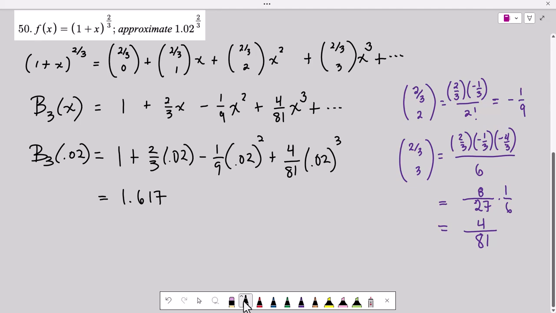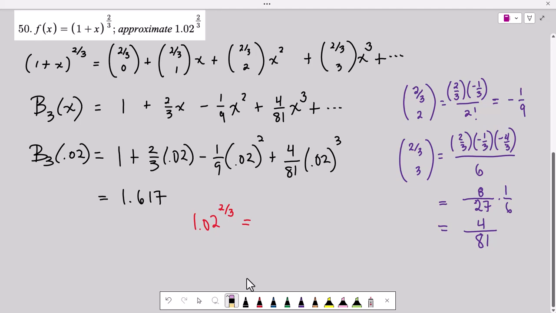Thank you. And what about if we did that into the calculator? 1.02 raised to the 2/3 power. You got different than 1.617?